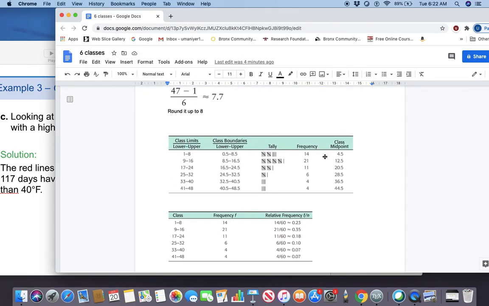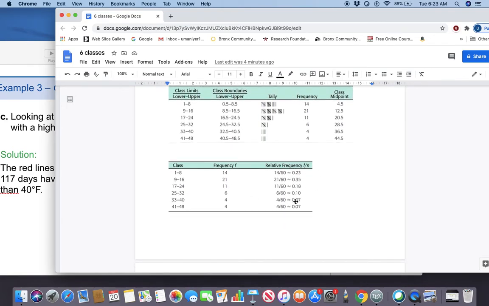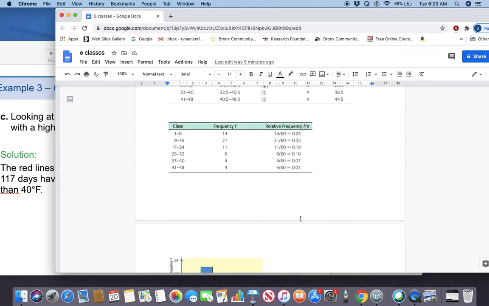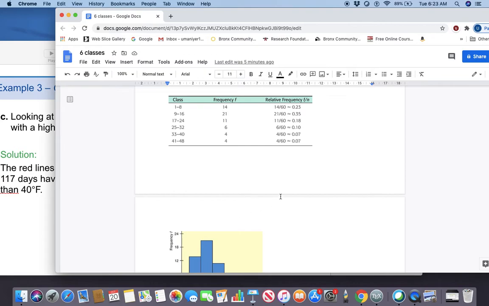This is your frequency table. Take your frequency and divide by the total number of data values. That gives you relative frequencies. Use these two, frequency and relative frequency, to graph them.